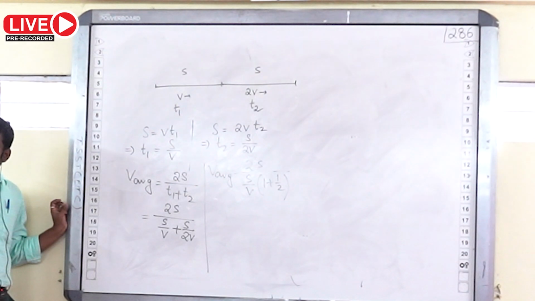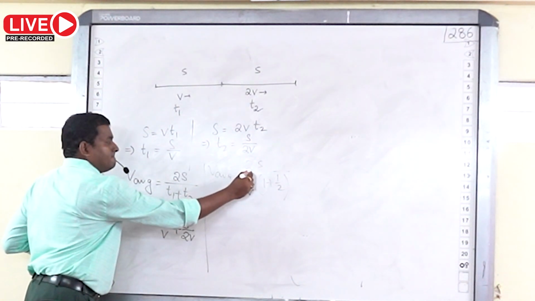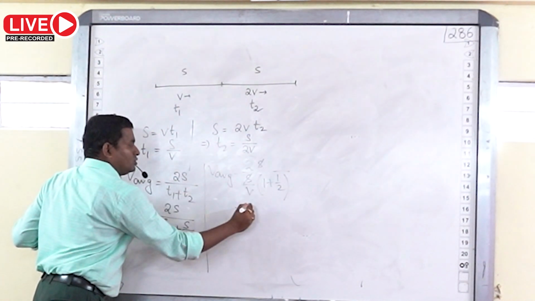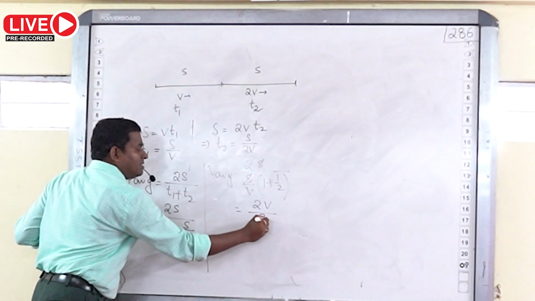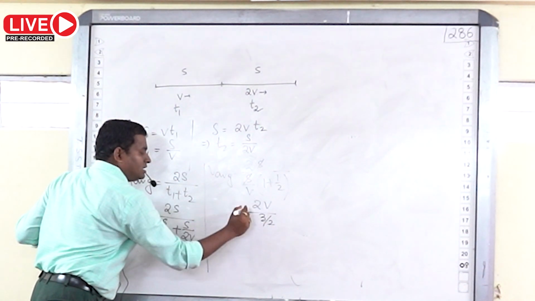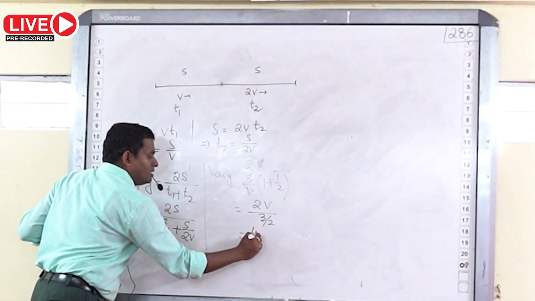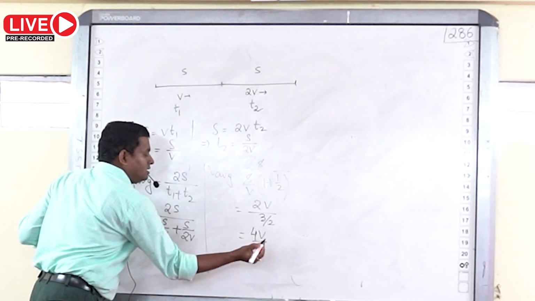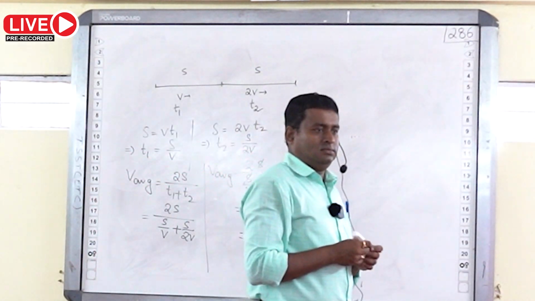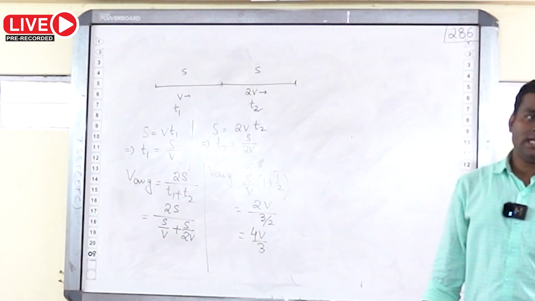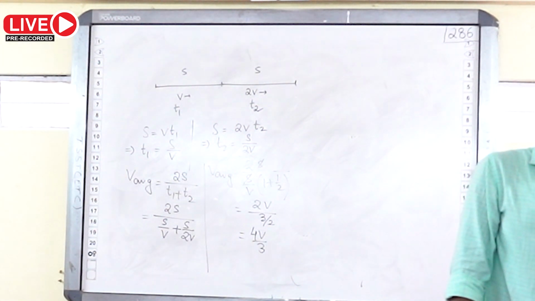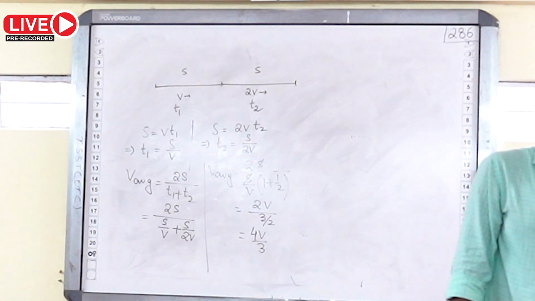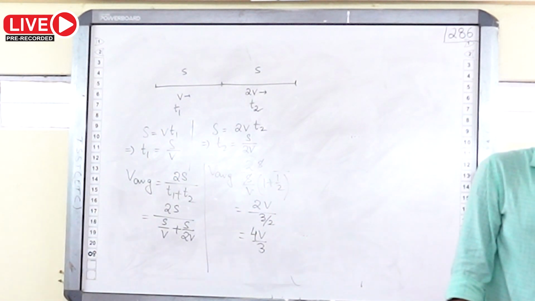Then cancel s. So it will be 2v divided by 1 plus half means 3 by 2. So this 2 will be multiplied in the numerator. It will be 4v by 3. So answer is not the normal average of v and 2v. It will be 4v by 3. Okay.